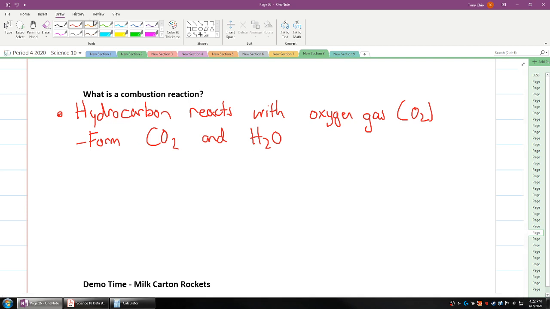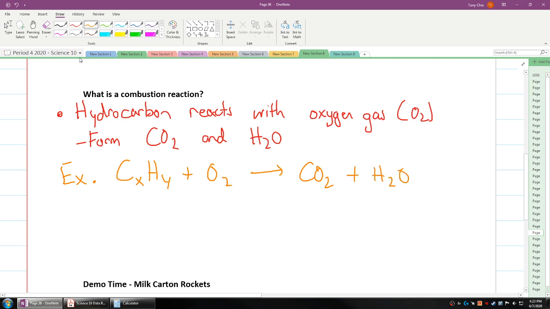So if I were to write this reaction down, you could have a hydrocarbon with any amount of carbon, which we'll call CX, and some amount of hydrogen, which we'll call Y, reacting with oxygen gas, and you will always form CO2 plus H2O. So how do you identify this? If you see some hydrocarbon reacting with just oxygen gas, you always form these two products.